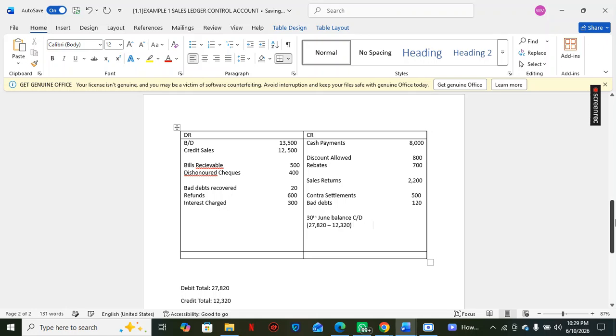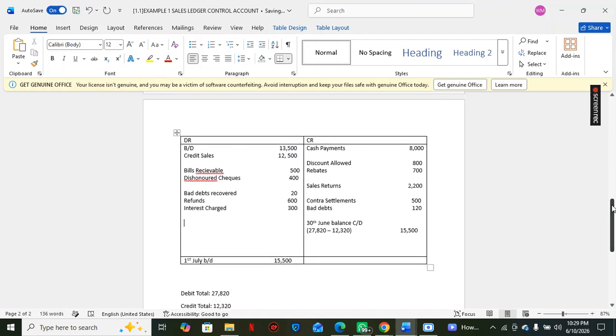So the balance carried down, you get 15,500. Okay. So on the 1st of July, you're going to say balance brought down 15,500. So in short, this is what is being owed to you by your customers.